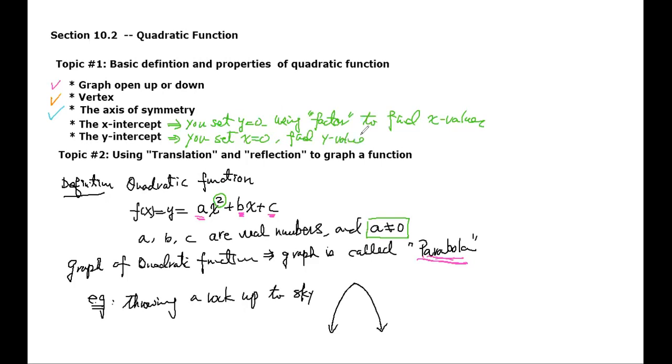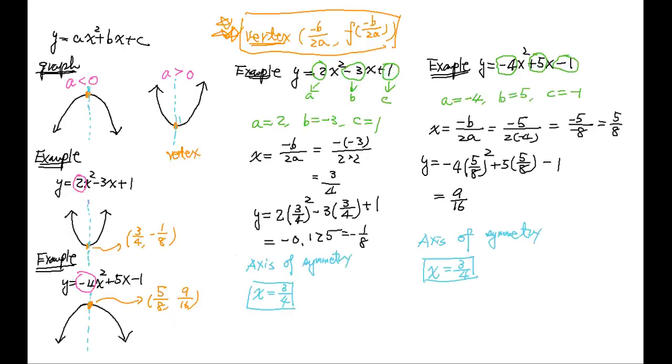So let's go back here. I want to find the x-intercept and the y-intercept. Let's do the y-intercept for this function first, because the y-intercept is a lot easier. Then we're going to find a different example to do the x-intercept, one we can factor easily.